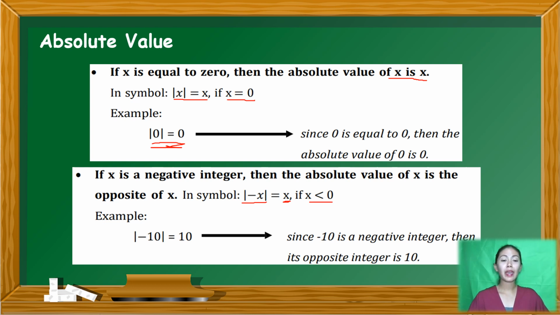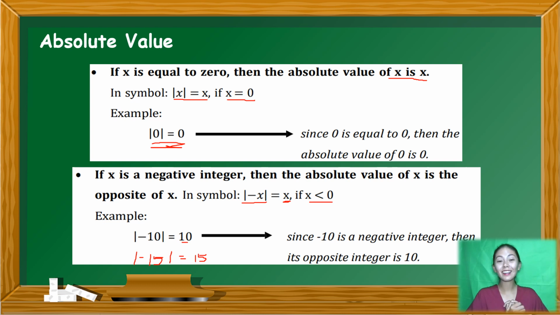For example, the absolute value of negative 10: what is the opposite of negative 10? It is positive 10. Another example, the absolute value of negative 15: the opposite of negative 15 is positive 15. So that is the absolute value.